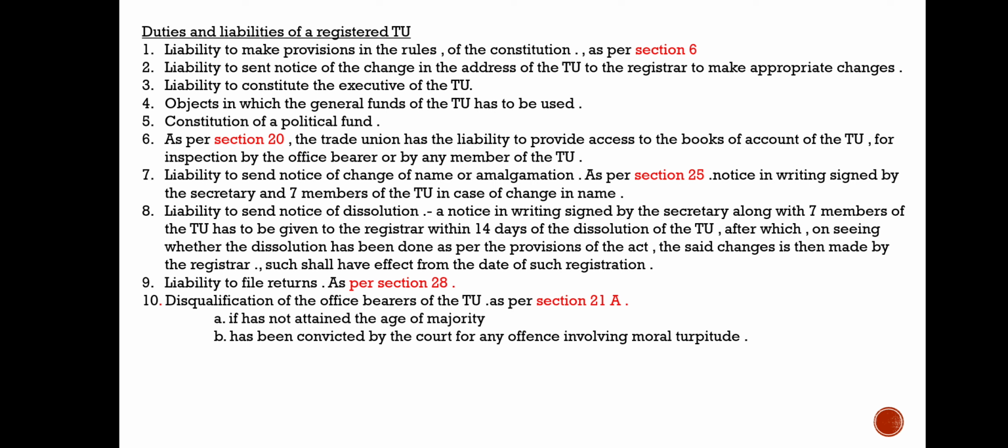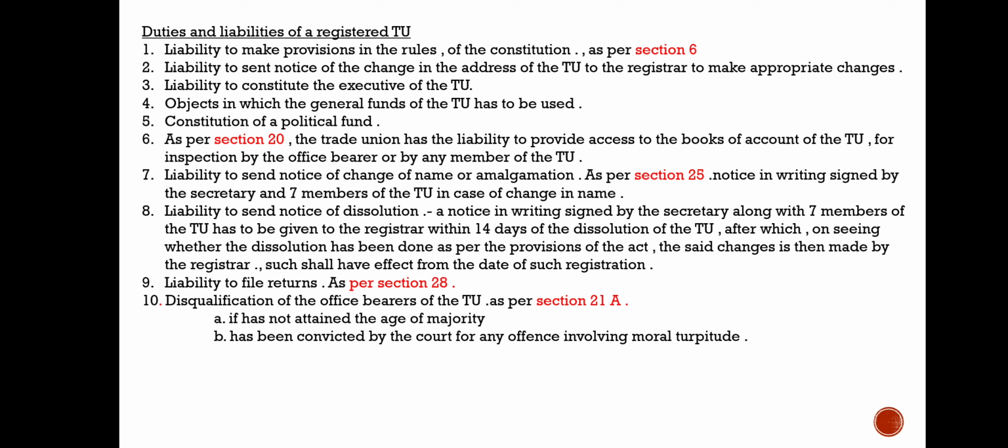Moving on to the next section, that is section 20. As per section 20, it is the duty and liability of the trade union to provide the books of accounts maintained by them whenever asked by an office bearer or any member of the trade union.